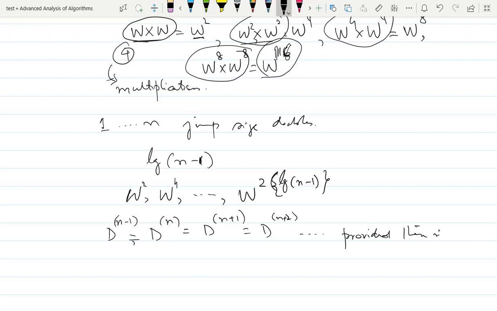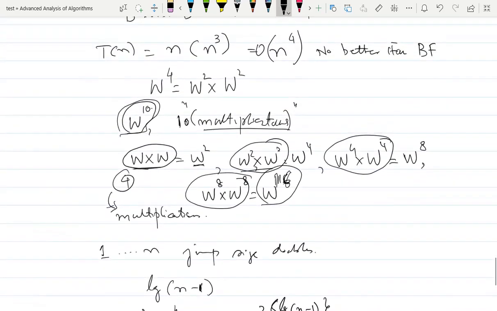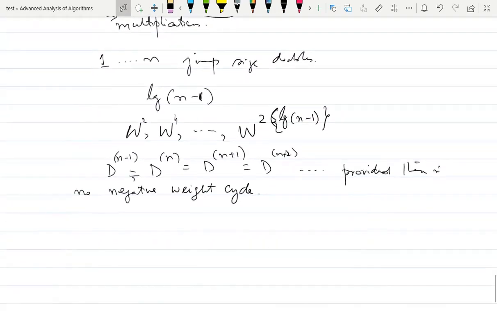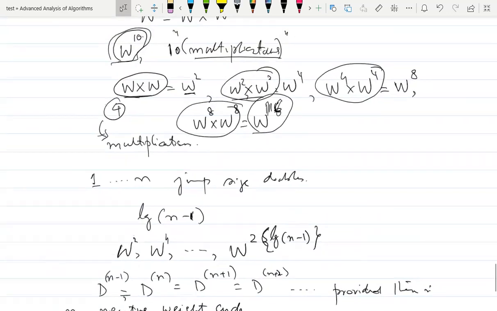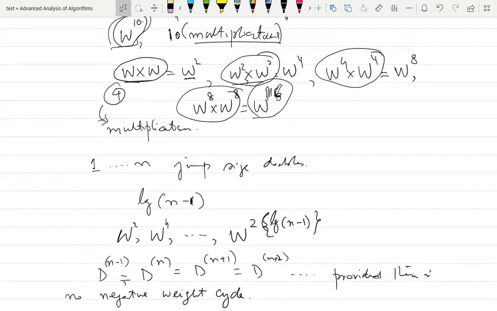provided there is no negative weight cycle. Because of this very reason, instead of calculating W10, if we calculate even higher powers, that means 11, 12, 13, 14 and so on, it will not have any detrimental impact on the shortest path.